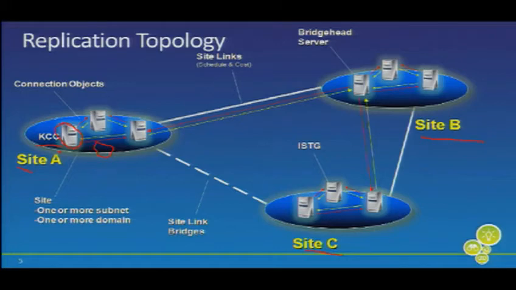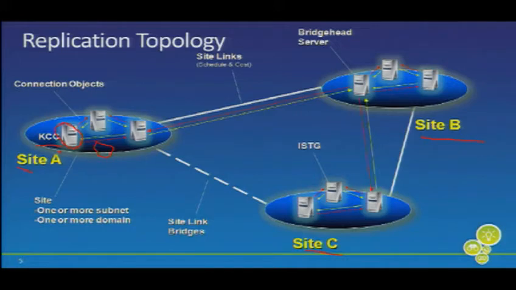But you need to be very careful. If you have created a manual connection object, the KCC is not going to remove that manual connection object. KCC thinks that you are managing your AD by yourself. Normally we request customers to leave the KCC as it is for automatic connection generation. We do disable the KCC if you have more than 120 sites.